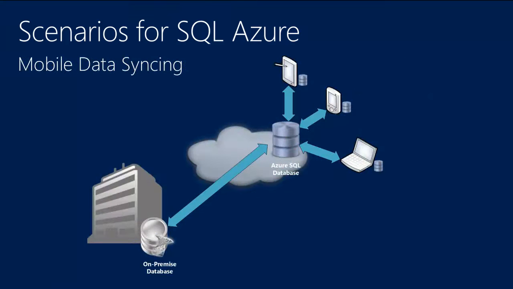The next scenario could be mobile data syncing. This is the scenario the gentleman, who has left now, came up with. If I had data in a database in my world headquarters, and I need to sync that out to other databases, maybe in other countries, or to databases on local smaller devices like laptops, tablets and smartphones, I could use this scenario also.